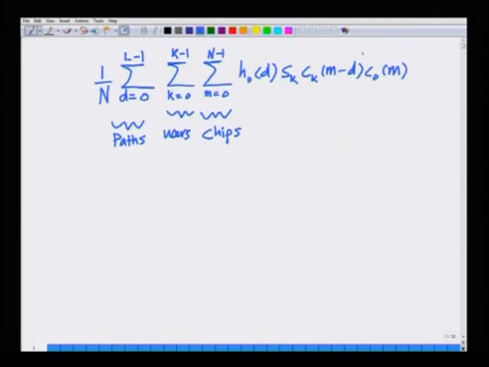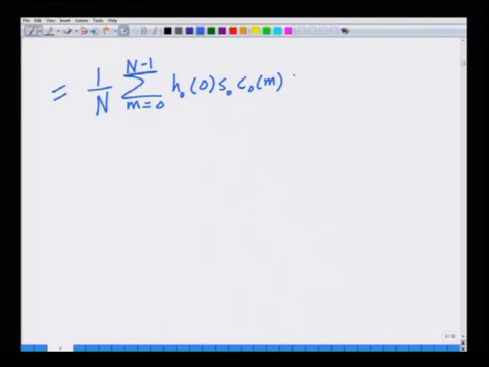So, I will write this summation, which is the next net received signal, as the sum of these three components, which can be represented as 1 over n, summation m equals 0 to n minus 1, that is summation over all chips, h 0 0 s 0 c 0 of m into c 0 of m.